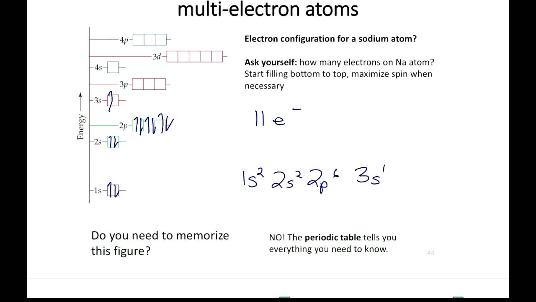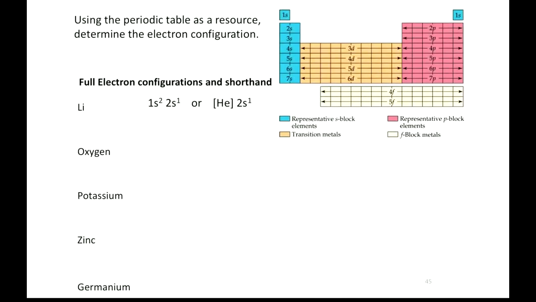But the problem is you won't be given this diagram on the exam. But thankfully, the periodic table tells you everything you need to know. All right, so the trick is that on the periodic table, the reason it's shaped this way is because of the S block, the P block, and the D block.